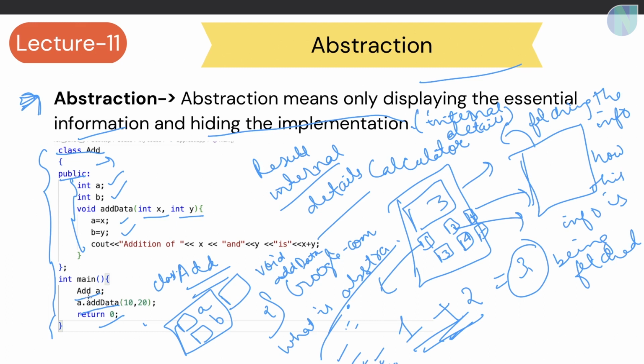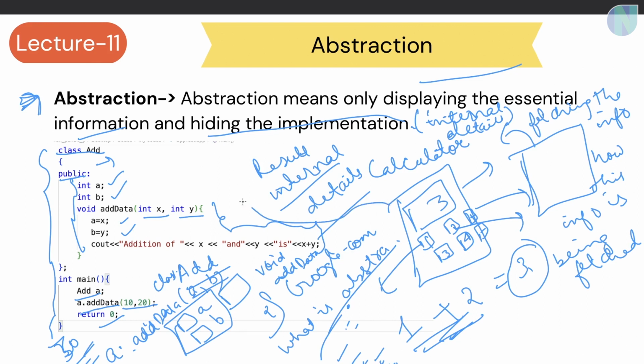So we created an object of this particular class, and we did a dot add data, and we passed two parameters. Now we would get the result as 10 plus 20, which is 30. So on the screen we are seeing the data 30, but we don't know what internal implementation or what internal details are going on. We are only getting the data as 30.